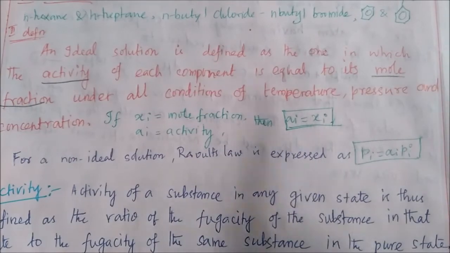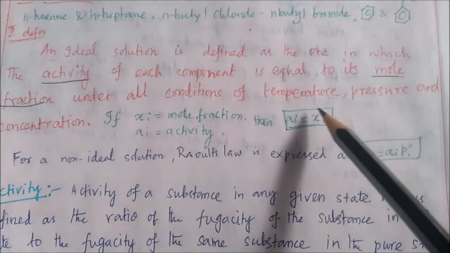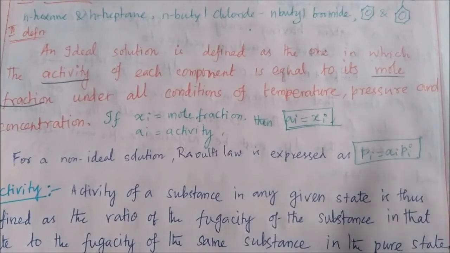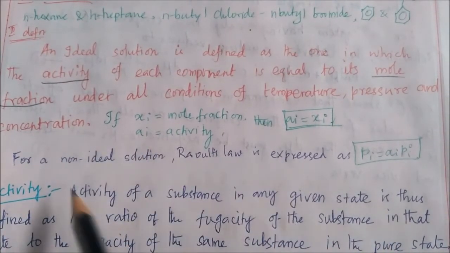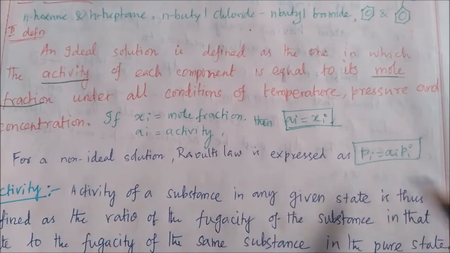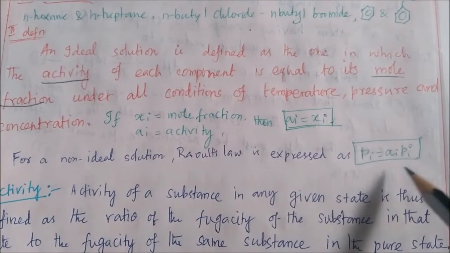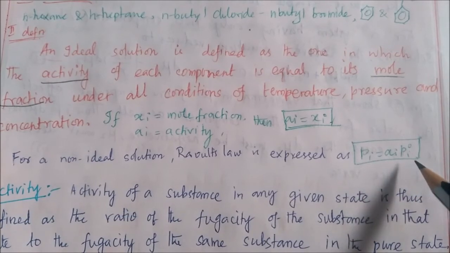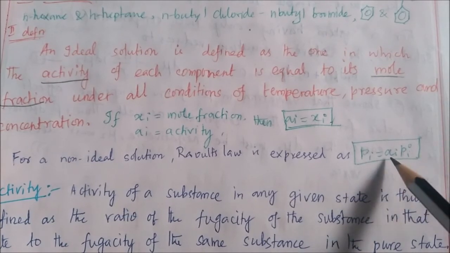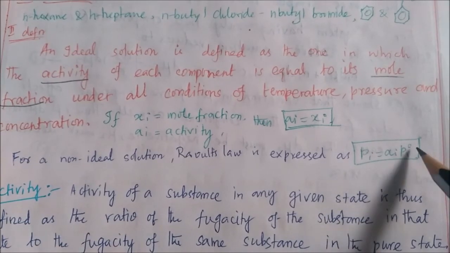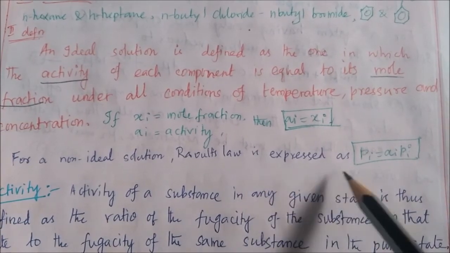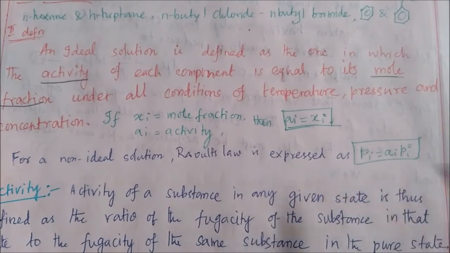These are the two definitions. For a non-ideal solution, Raoult's law is expressed as Pi is equal to Ai into Pi0, that is, activity into the vapor pressure of the ith component when it is pure. This is another added relationship.